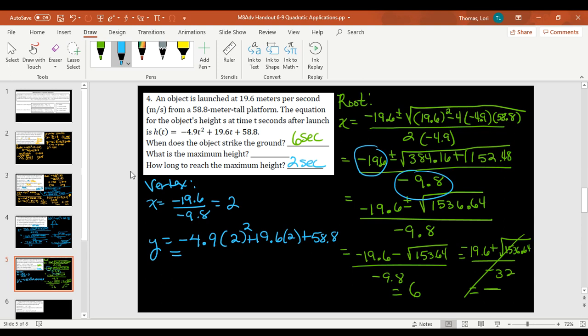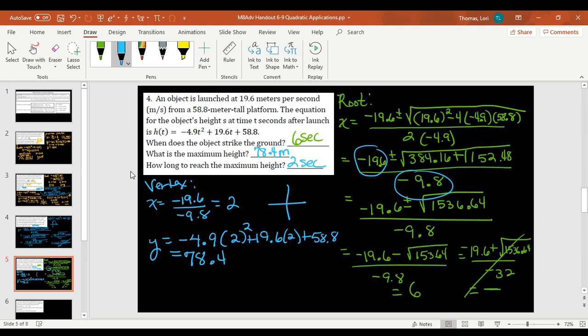Okay, according to my calculator, I got 78.4, but I'm going to just make sure just in case. Yep, 78.4, and this is meters.